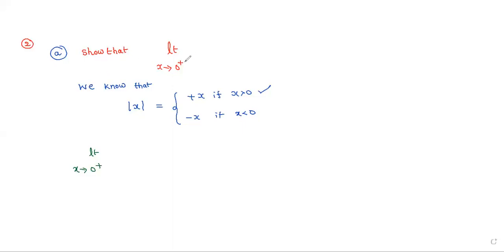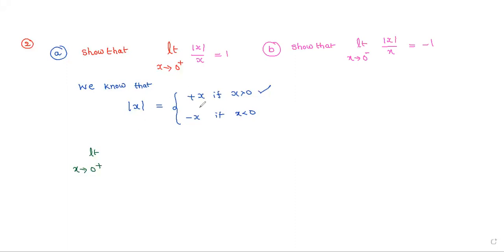Right. Only show that the limit as x extends to 0 plus of modulus x by x is equal to 1. And the second question, also show that the limit as x extends to 0 minus of modulus x by x is equal to minus 1. Same condition.